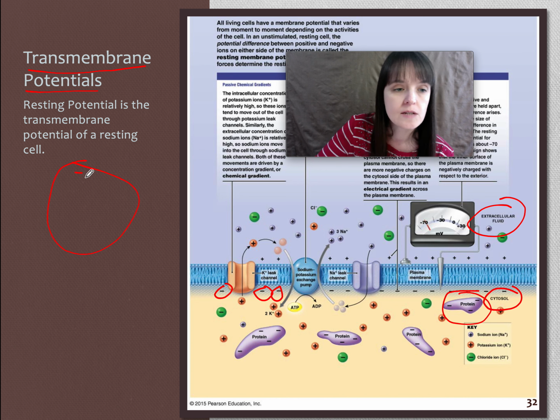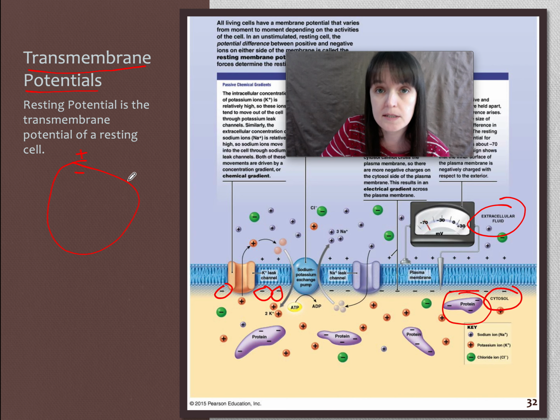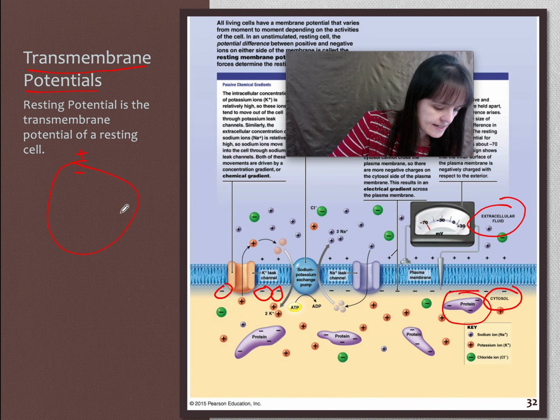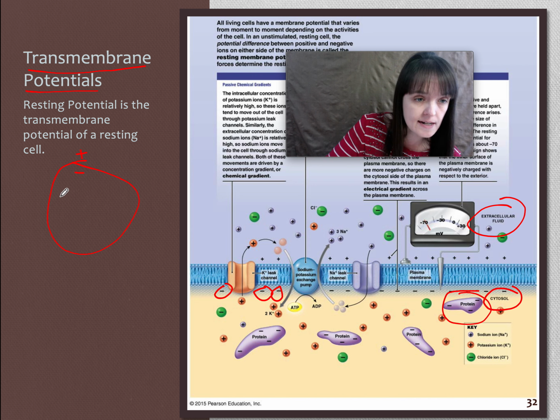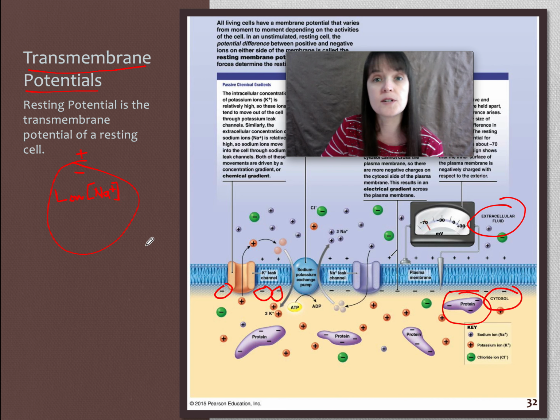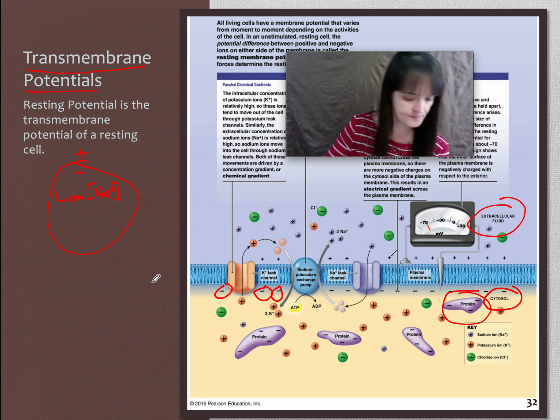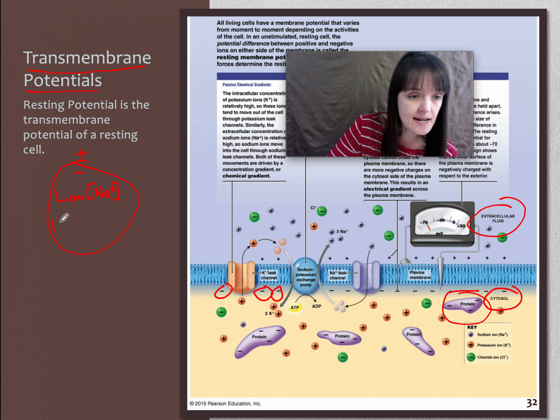Relatively negative on the inside, comparatively positive on the outside. And the inside has a low sodium concentration. And of course the brackets are chemistry for concentration. Sodium is Na+, natrium is the Latin word for sodium. So that's why sodium is Na. And it has a high potassium inside the cell compared to outside the cell.